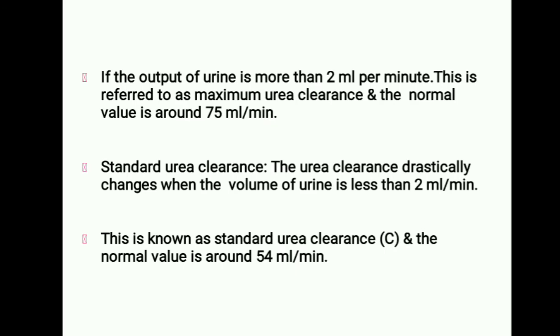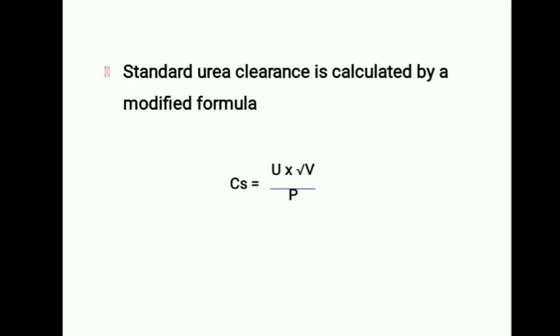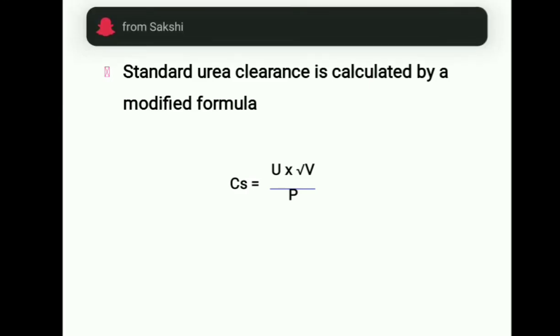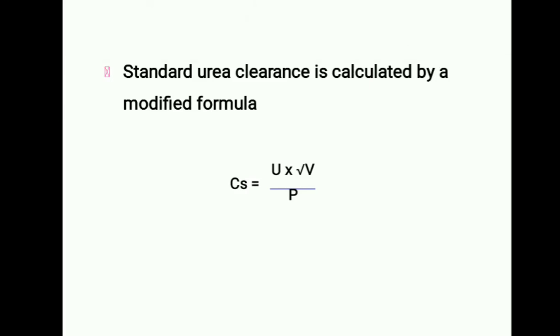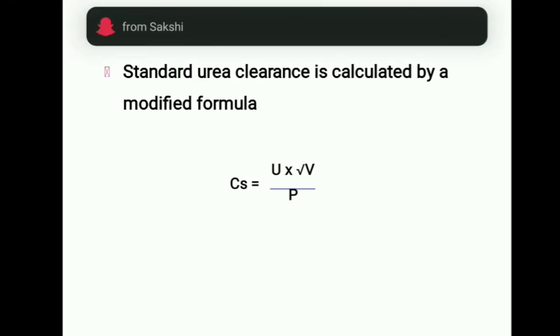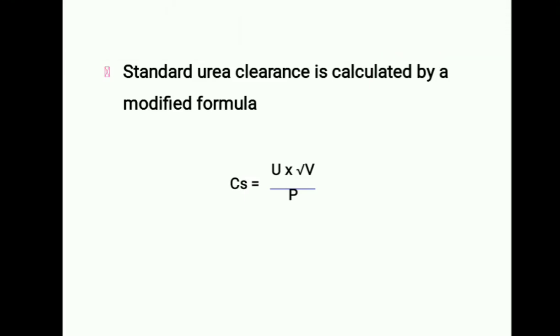This is known as the standard urea clearance, indicated by Cs, and the normal value is around 54 ml per minute. Standard urea clearance is calculated by a modified formula, that is Cs is equal to U into square root of V upon P.